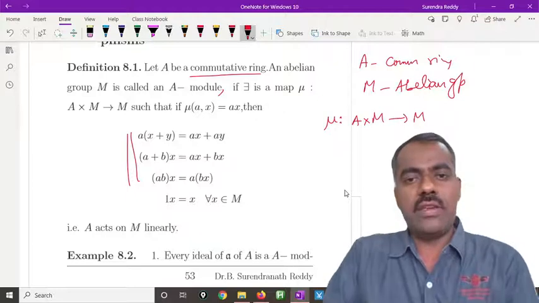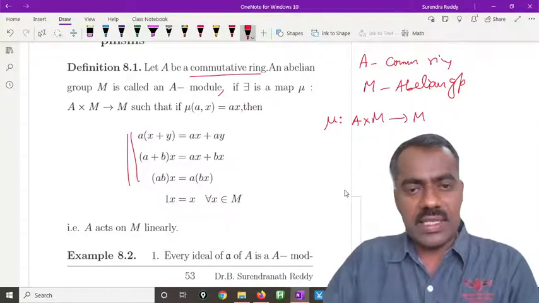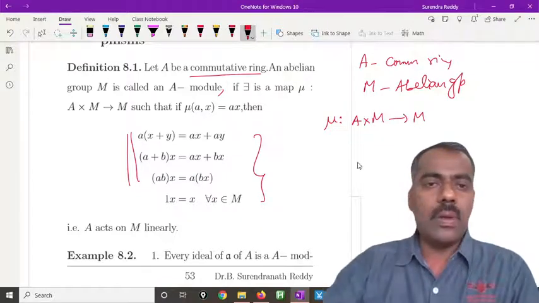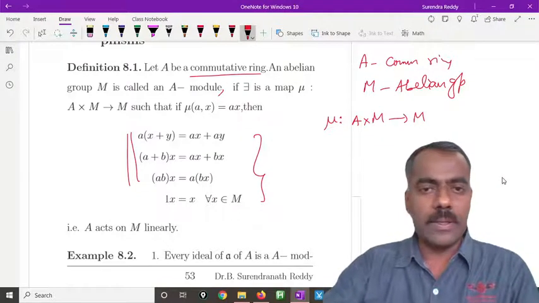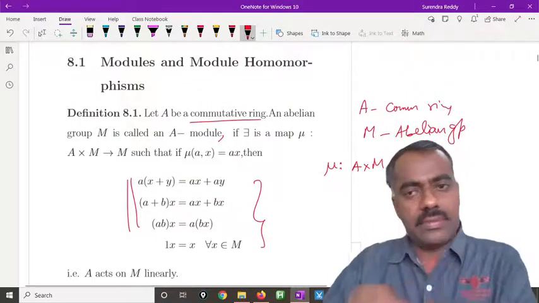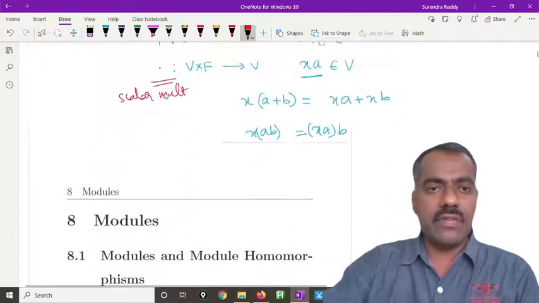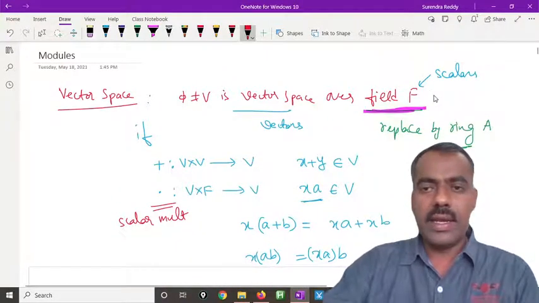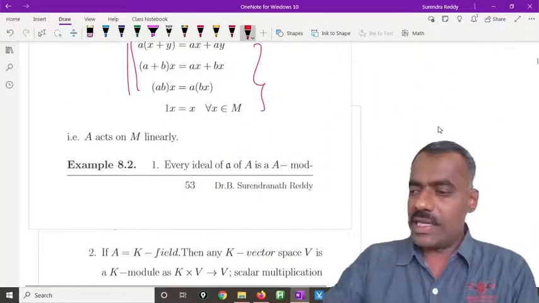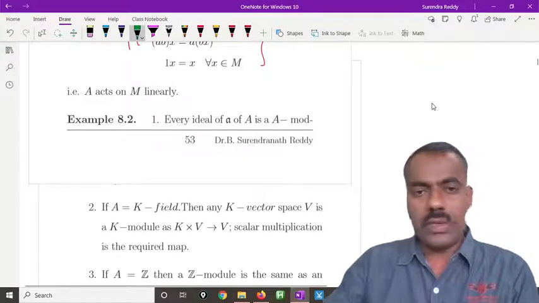So whenever there exists a map from A cross M to M satisfying these conditions, then we say that M is a module over A, or simply a module. The advantage here is that our base is a ring, whereas in a vector space we require it to be a field. So we can quickly see some examples of modules one can have.